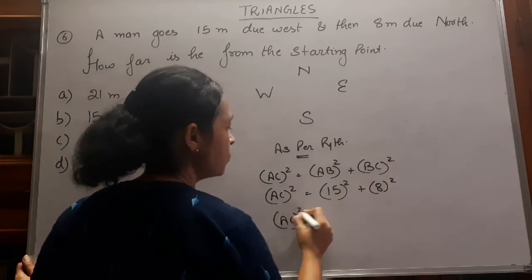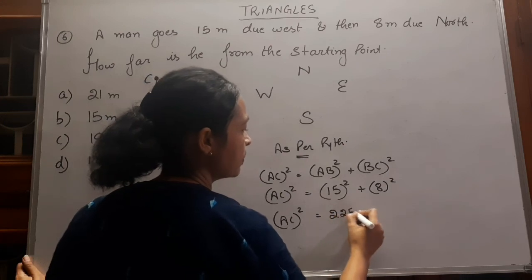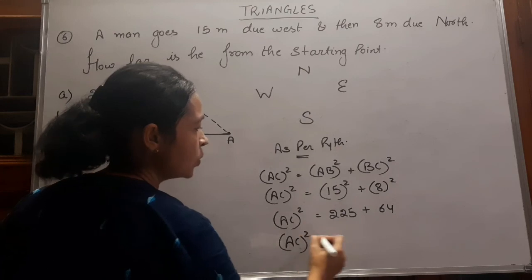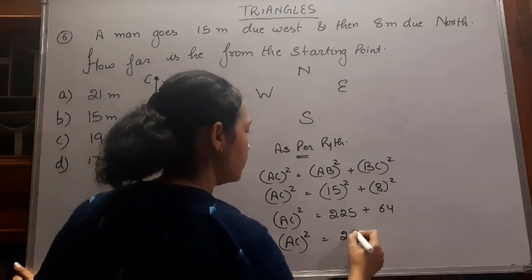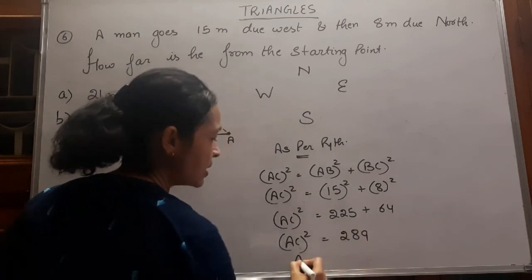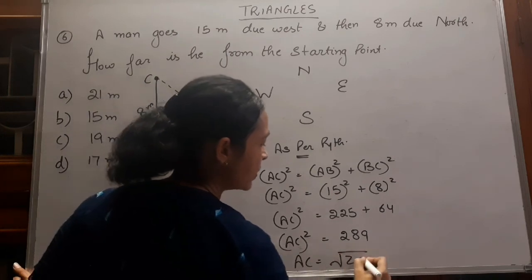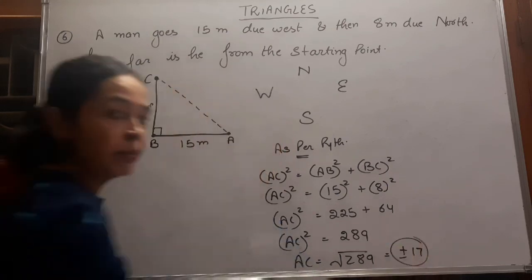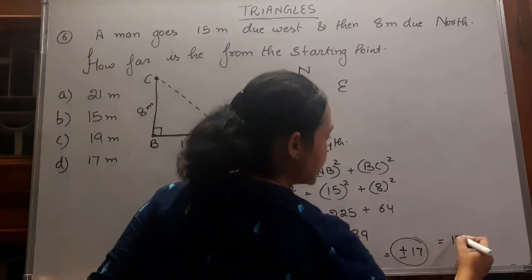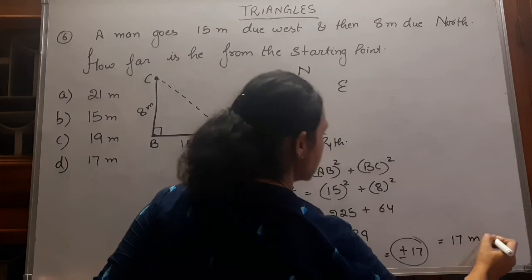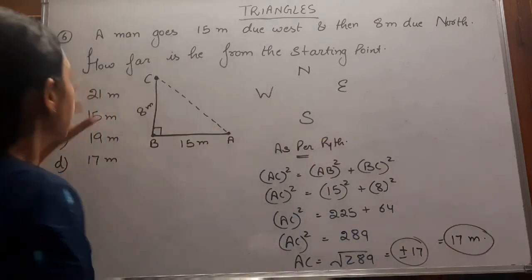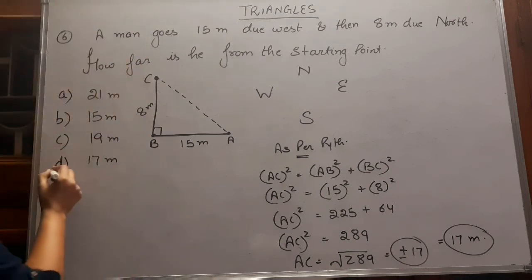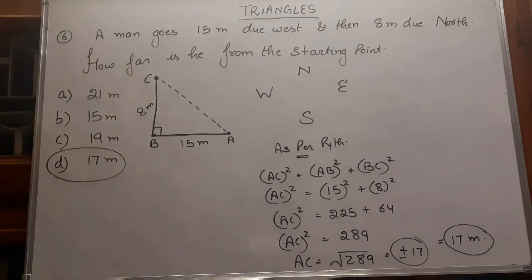AC square is 15 square, 225, plus 8 square is 64. AC square is 225 plus 64, which is 289. And what is AC? Root 289, which is plus minus 17. But distance can't be negative. So AC is 17 meters. So he is 17 meters away from the starting point. Which option is correct? Option D is our correct option.